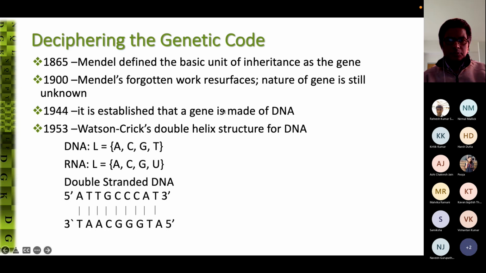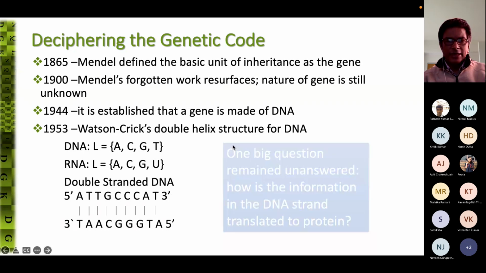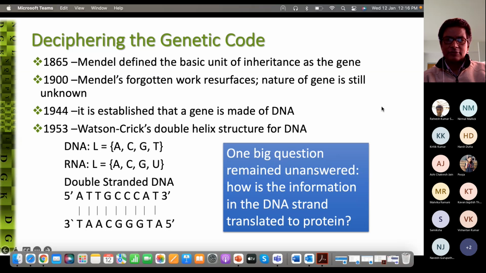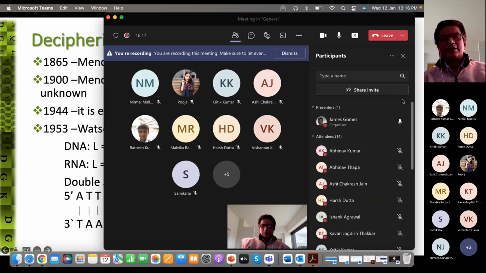So this was all fine, but then the big question remained, and it was still unanswered. How is this information that we have on the DNA strand getting translated to protein? So obviously this must be the basic alphabet of life, but we don't know how this alphabet is getting translated to the language of life, right?